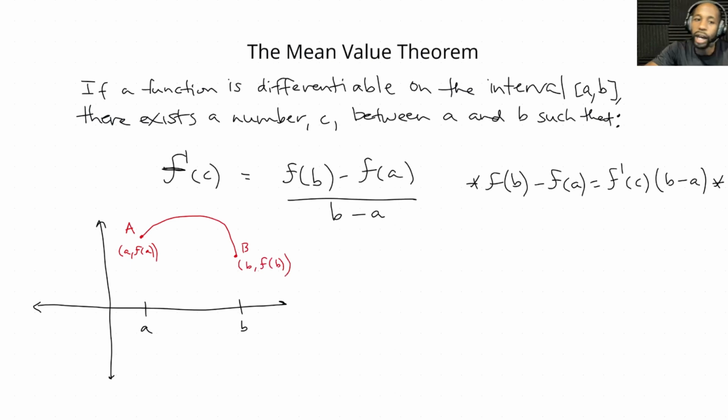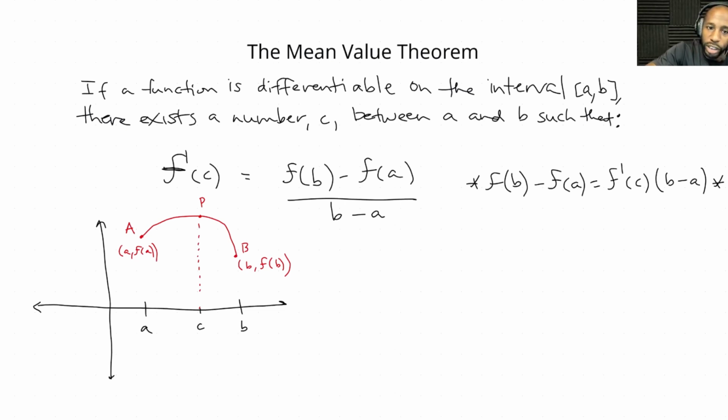Then you have a point P. P is located at x equals C, as we were talking about up here. Let's do a blue, and I'm going to try my best to do a blue line.